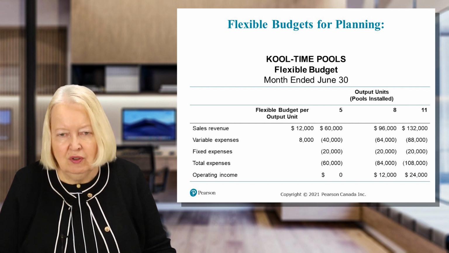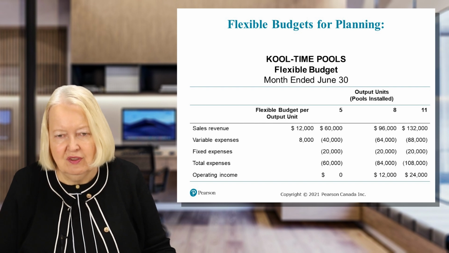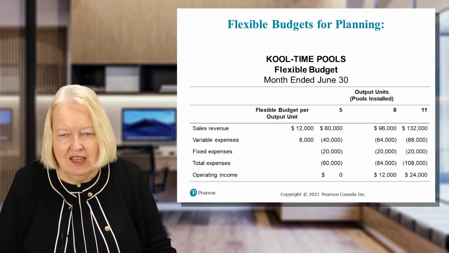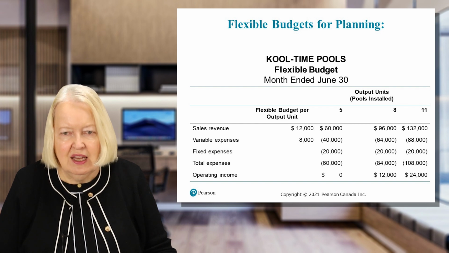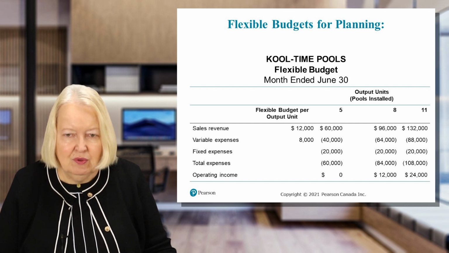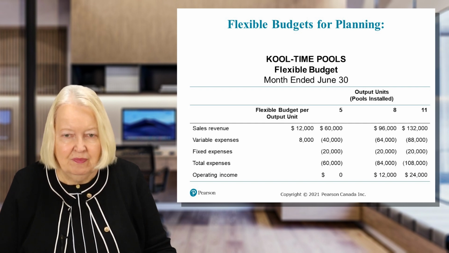When they sold only 5 pools, you don't make any money. You just make enough to cover your expenses. If they sell 8 pools, they would make $12,000. So 11 pools, they'd make $24,000.